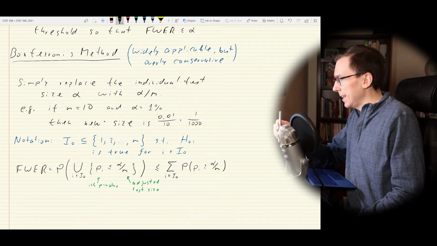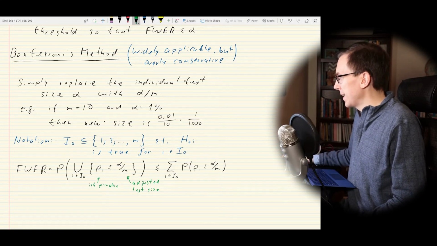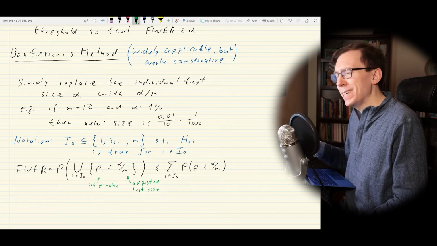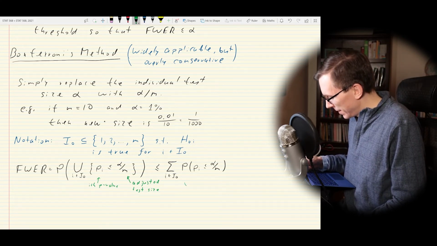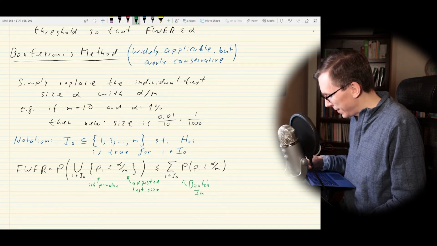So let me put that in here. I'm pretty sure it's B-O-O-L-E, Boole's inequality, if I remembered how to spell that.